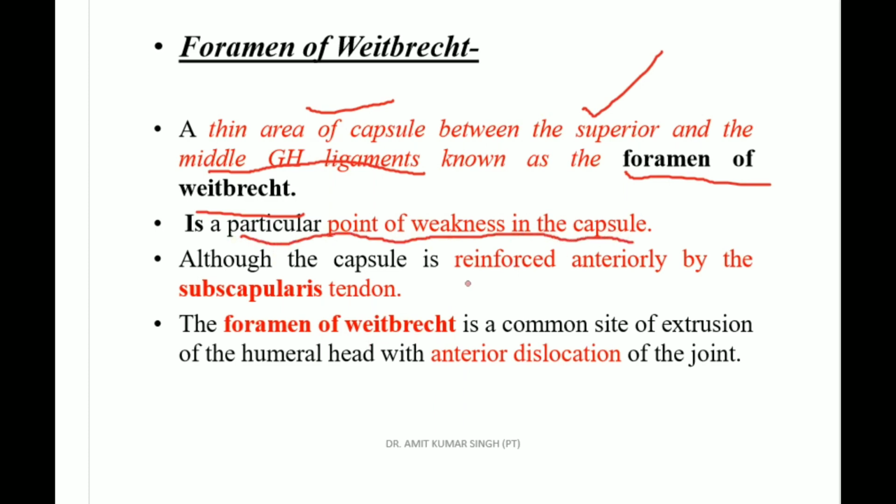Although the capsule is reinforced anteriorly by the subscapularis tendon, this is still termed a point of weakness, and from here there is a chance of the humeral head dislocating anteriorly.